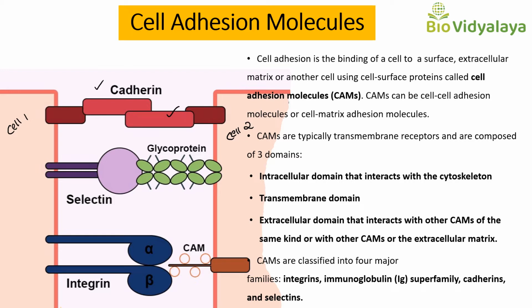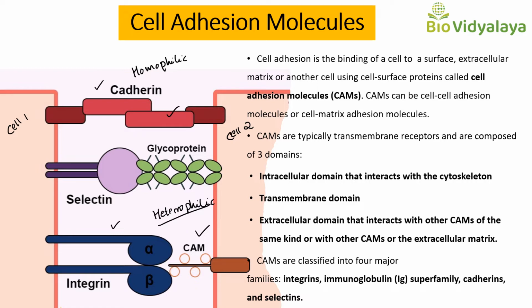Here you can see that this is one kind of CAM and this is another kind of CAM, isn't it? So here different kinds of CAMs are interacting, and it is called a heterophilic interaction. This is homophilic and this is heterophilic.